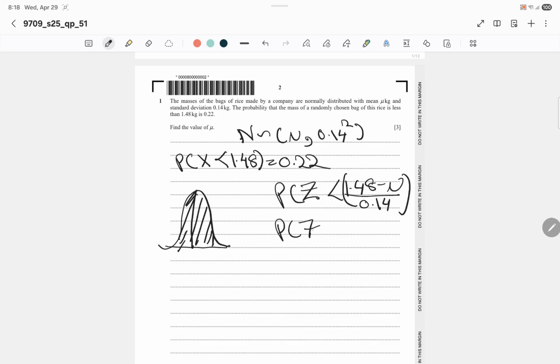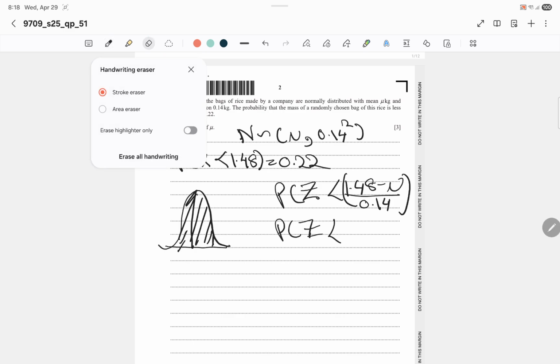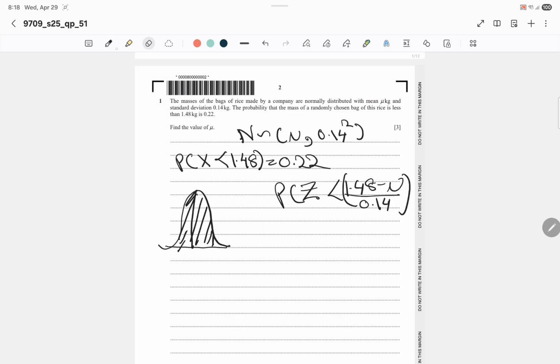Whatever the value we get here, (1.48 minus mu) by 0.14, this is going to be equal to 0.22.